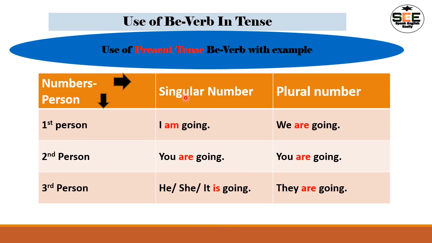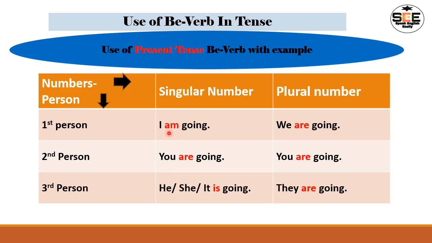And third person in the present tense in singular number, he, she, it is going, and third person plural number in present tense, they are going. So from here we can find that there are 3 be-verbs, am, is and are, and they are using with the various kinds of subjects, right? Persons we can say, right?